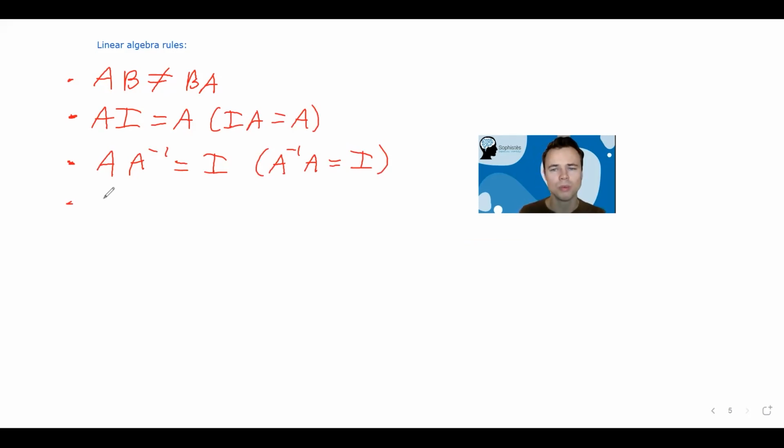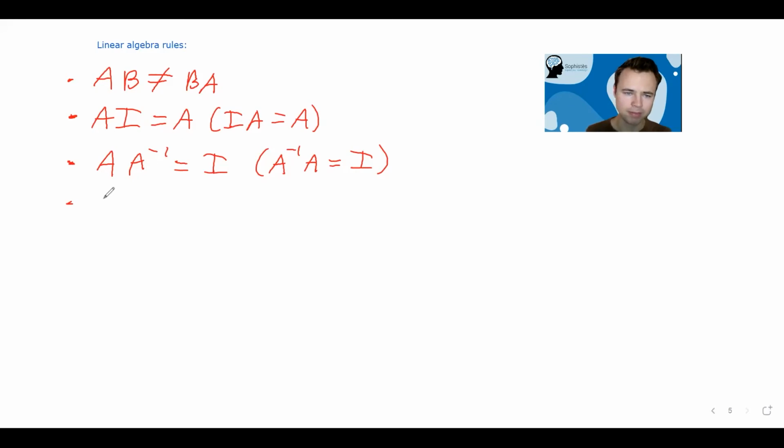One extra rule that you can remember is that if you have a matrix A, for example, and it is transposed, and you want to get rid of this transpose, you can transpose it again, and then it will cancel out. Let me show you with an example.